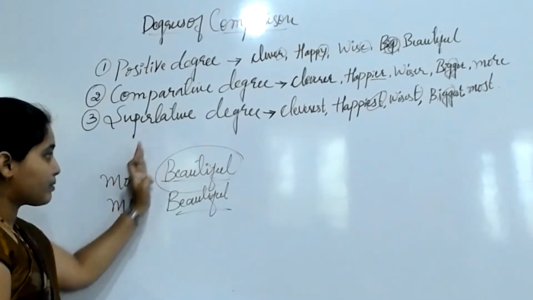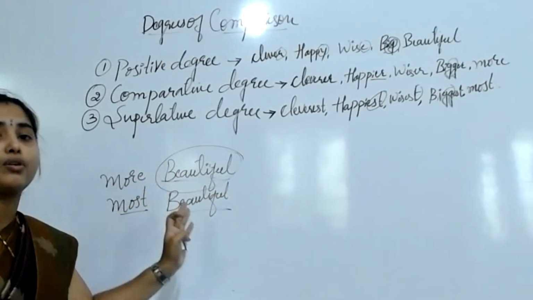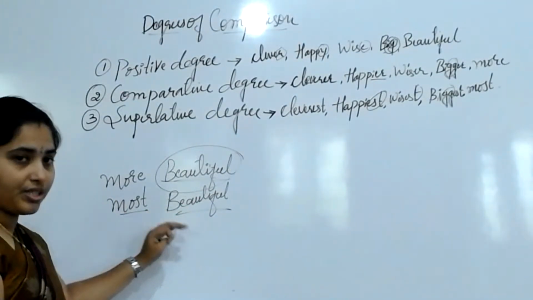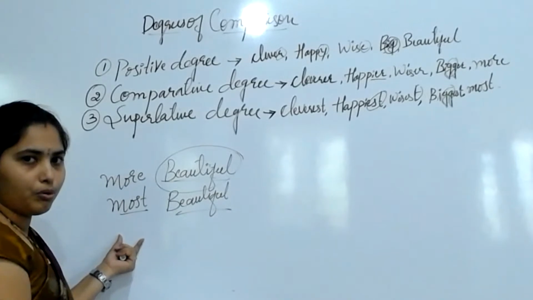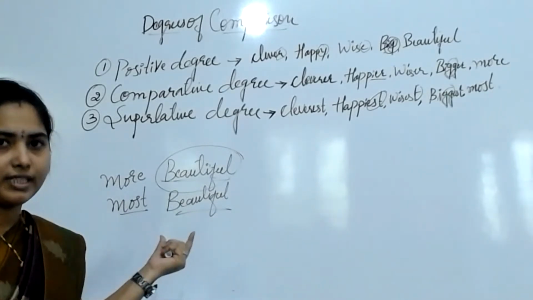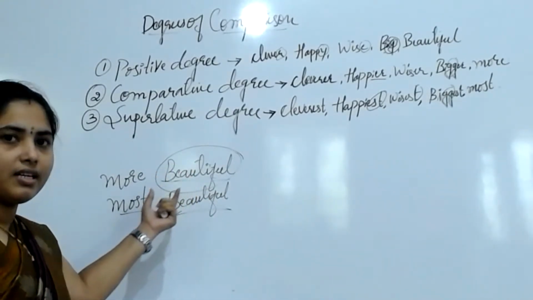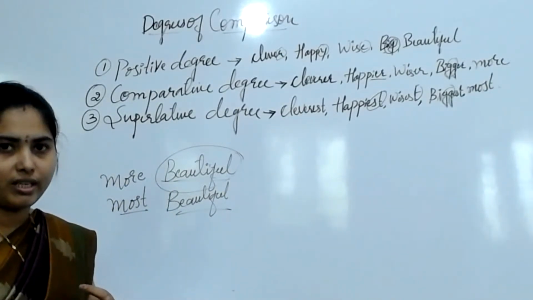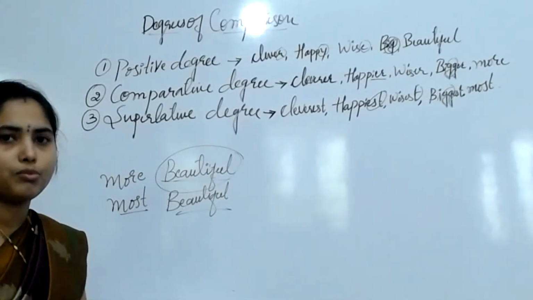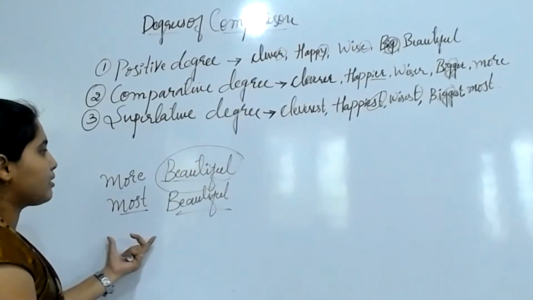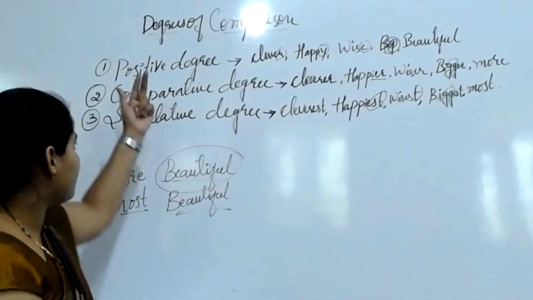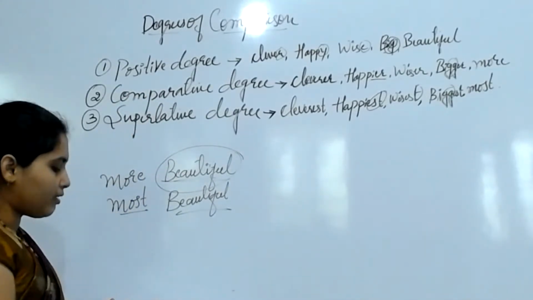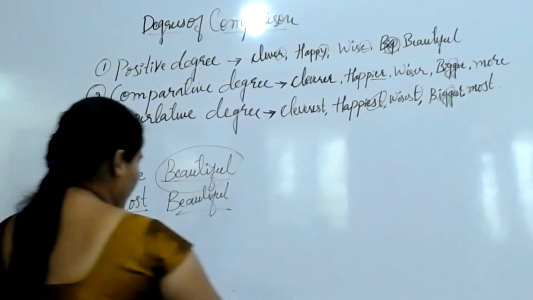If the adjectives are long, if they have more than two syllables, we have to use more and most. This is what we explained in our previous class. Like more intelligent, most intelligent; popular, more popular, most popular. That is how adjectives change their degrees while we compare one thing to another. Now let us go to another rule.